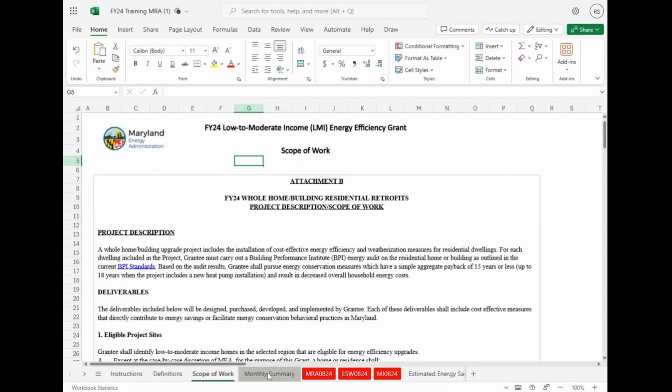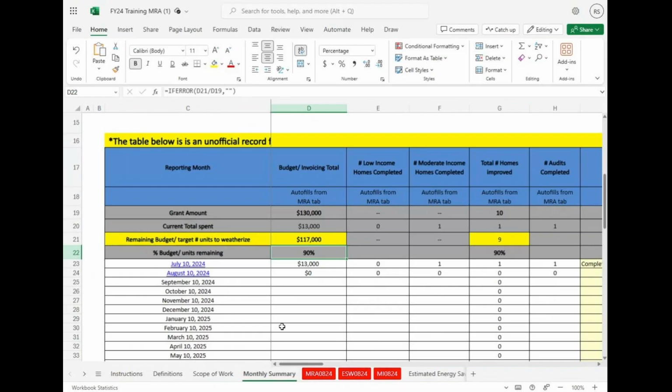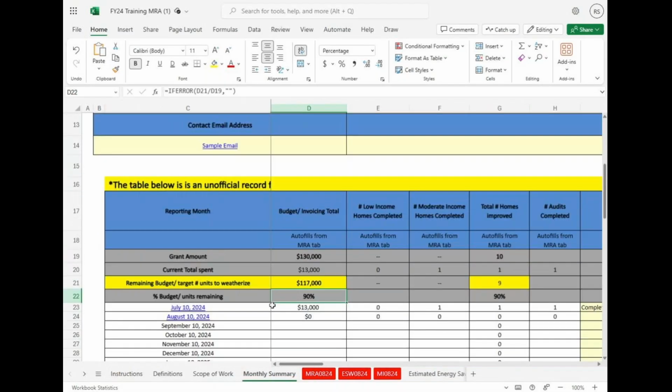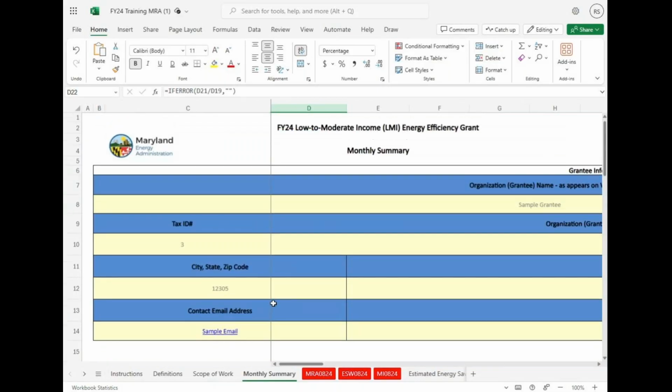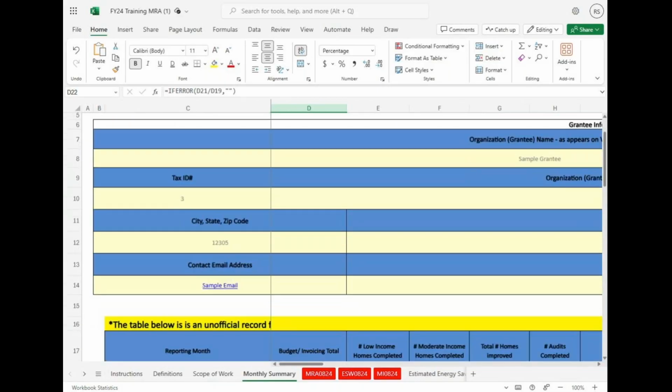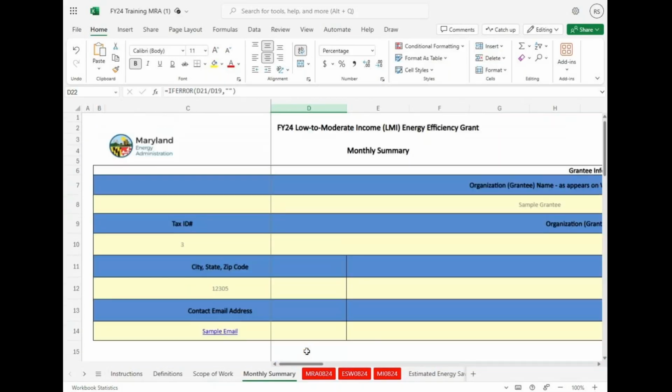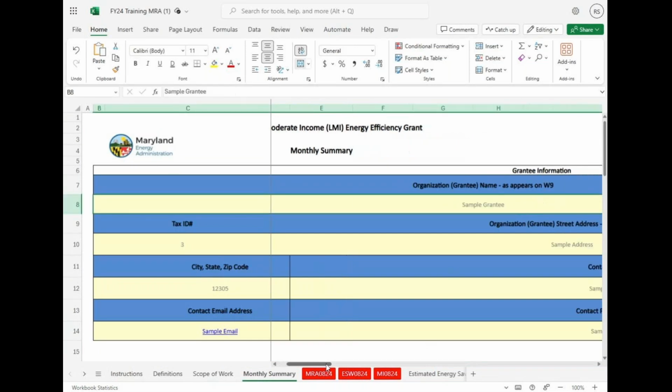As we move on, we get to our monthly summary tab. This is the first tab grantees will have to fill in. So as you can see at the top, it's going to ask you for your organization name.